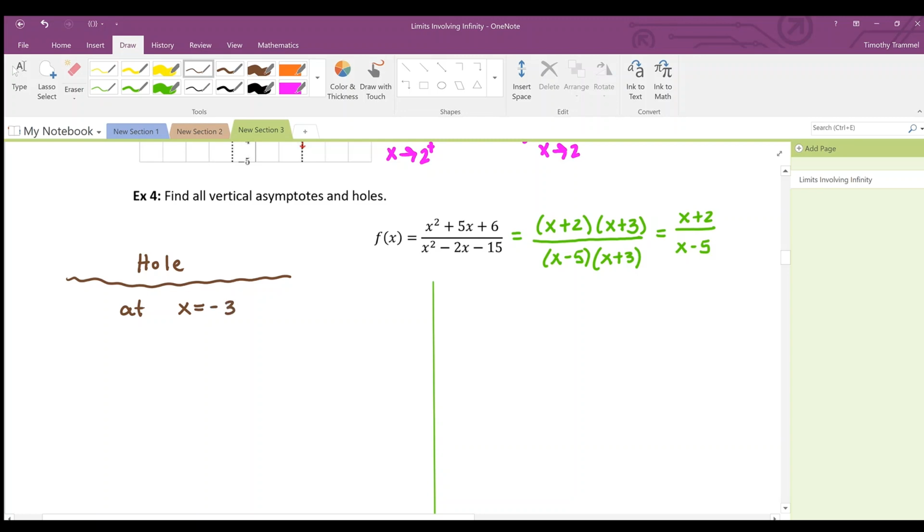And the way that you're going to be able to tell that there's a hole here is we were able to get rid of all of the x plus 3 factors in the denominator.